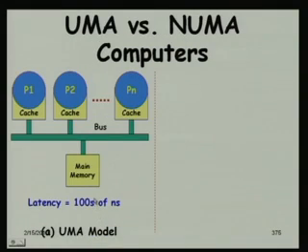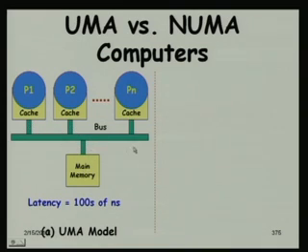So, this is the schematic diagram of a uniform memory access model, which is a multiprocessor. The different processors have their own cache, and the main memory is shared. That is what we mean by shared memory.